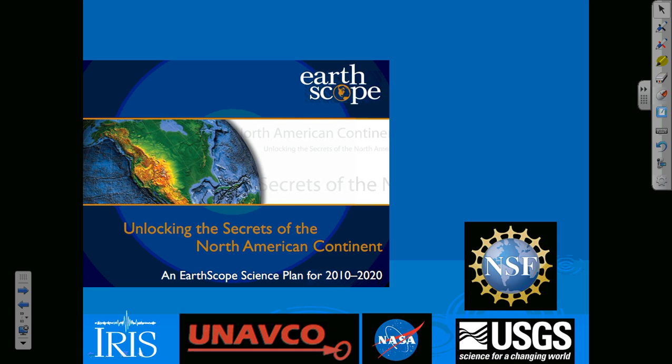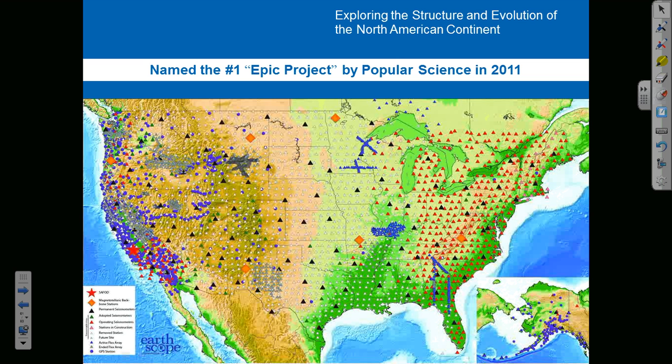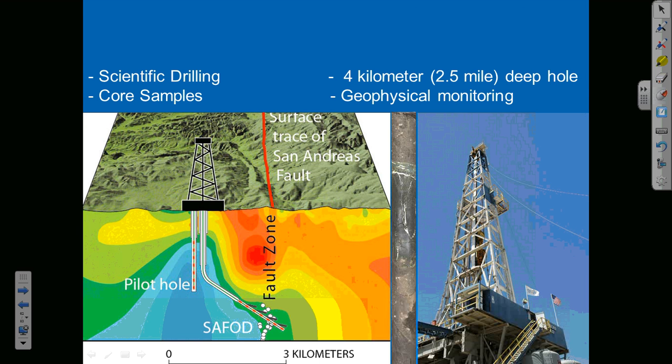One of the things that we're doing in the U.S. is we're running a really large geophysical experiment right now called EarthScope, and some of you might be involved in this. We started on the West Coast, and we've moved all the way across to the East Coast. This is where we're at right now. All these dots are where we have seismometers and GPS stations to start to understand the crustal structure.